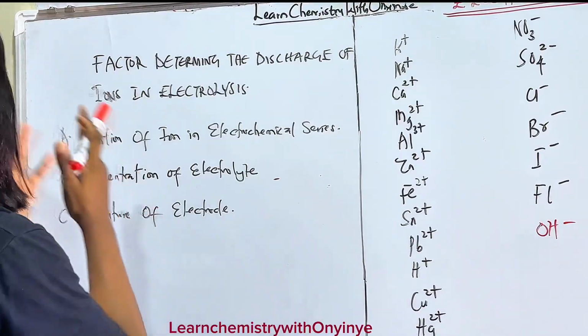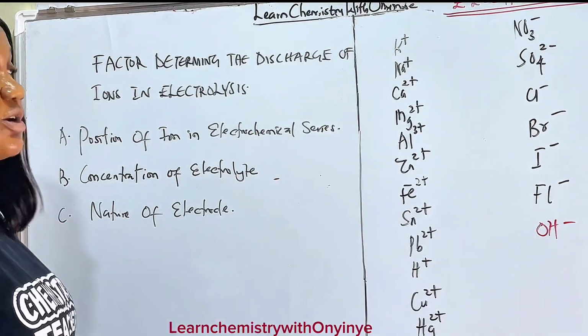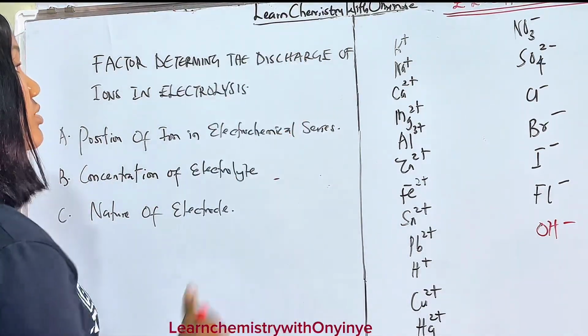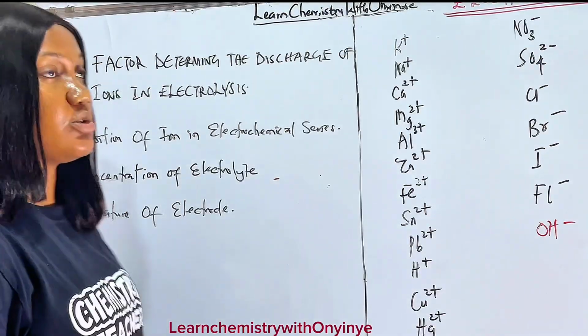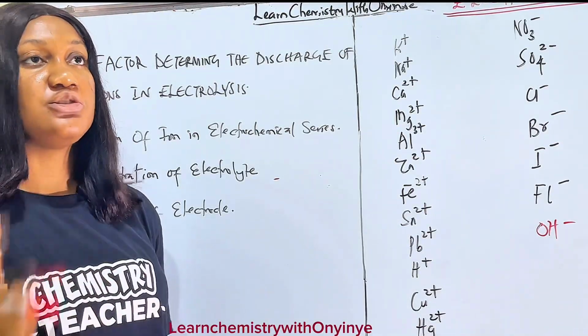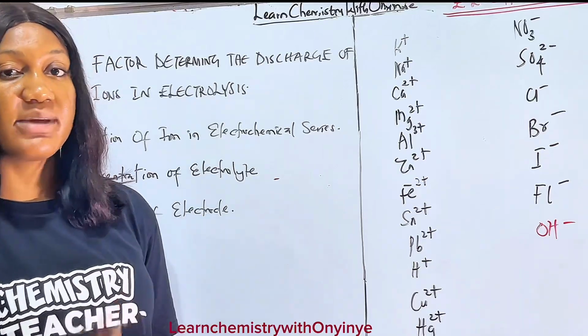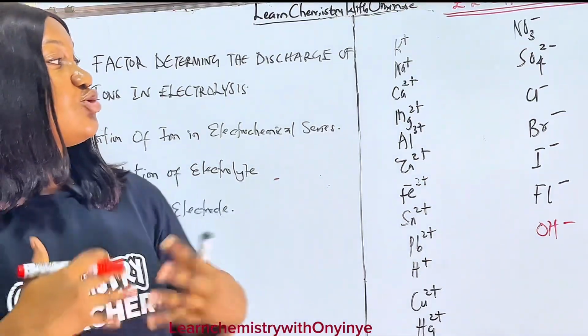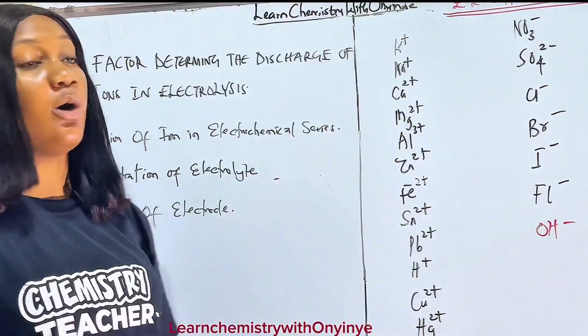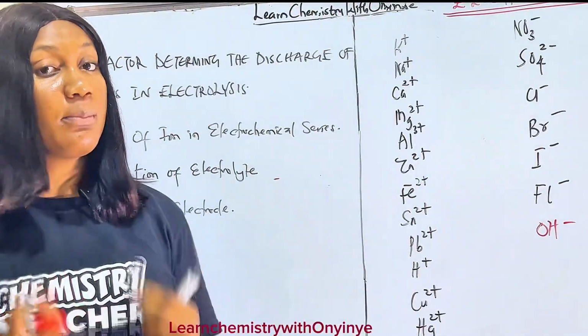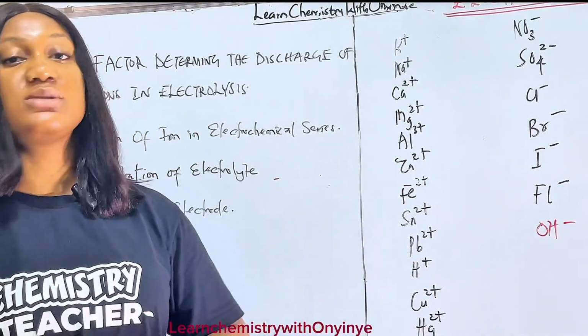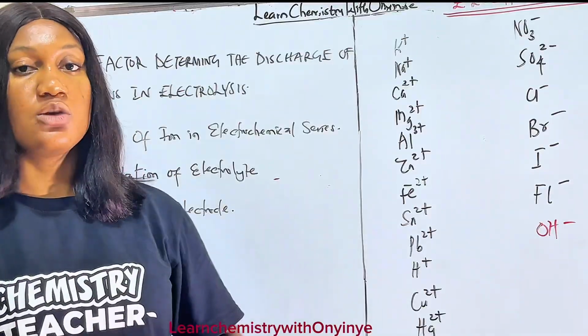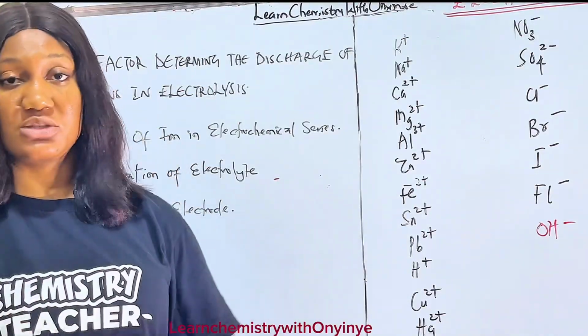How does the position of the ion in the electrochemical series affect what will be discharged? If you're given a question and told it is aqueous, remember that for us to start looking at the electropositivity or the electronegativity series, the compound should be aqueous. Once it's molten, we have no business with this. We just know that the compound will dissociate.